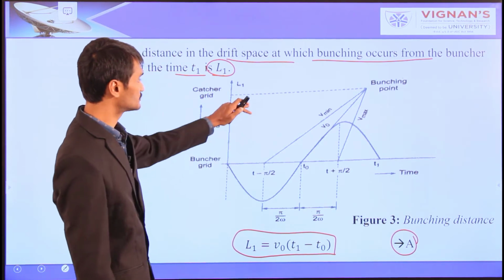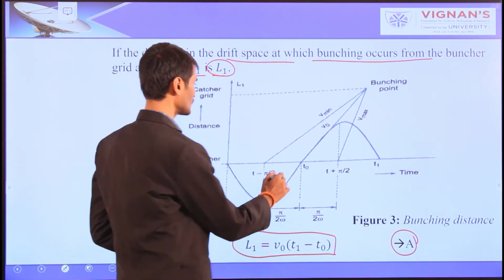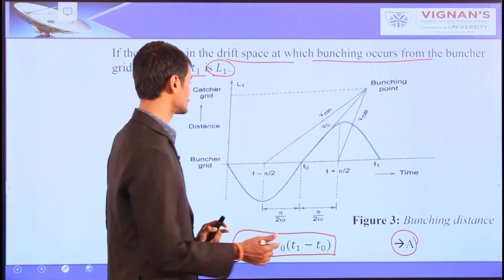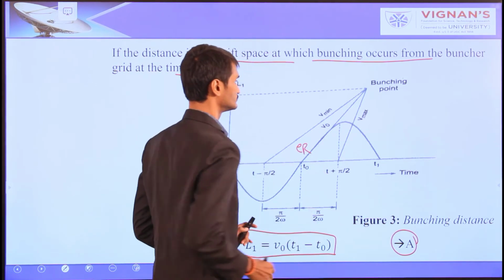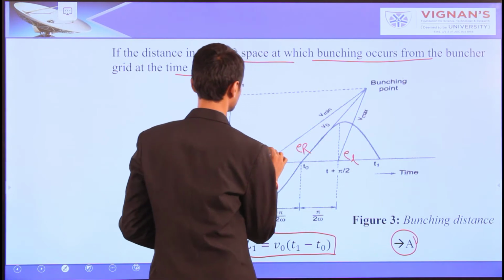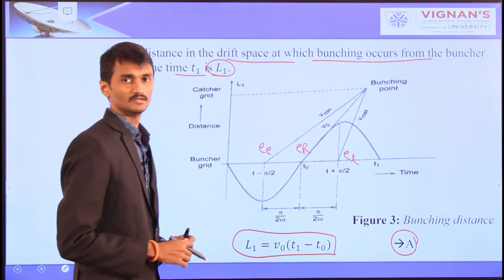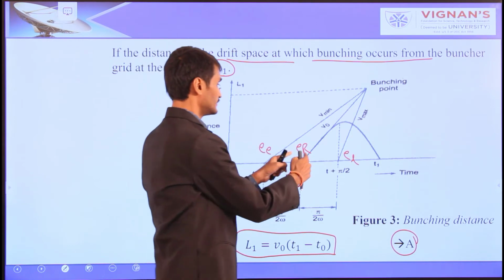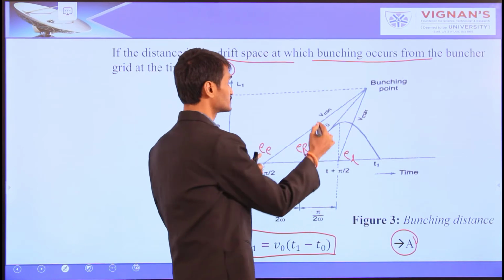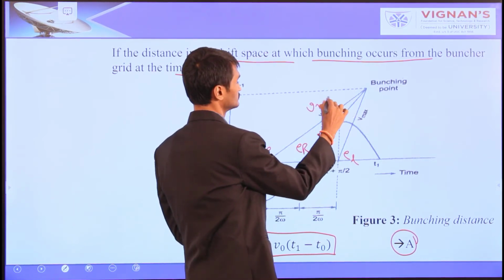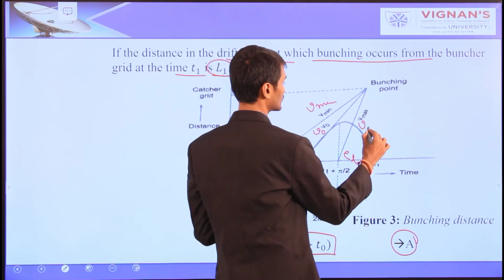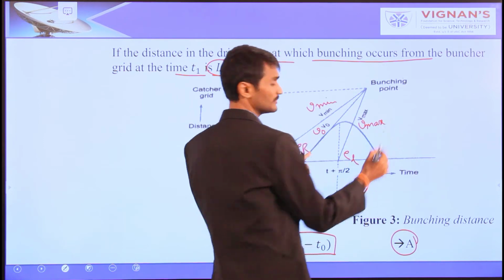If you observe this diagram, we are having 3 electrons: the reference electron, the late electron, and the early electron. The early electron moves with the velocity of V minimum, the reference electron with no change in velocity, and the late electron moves with the maximum velocity.